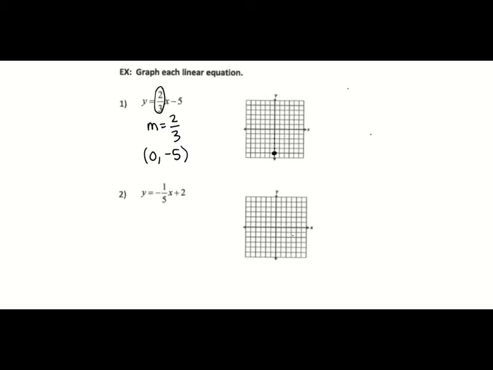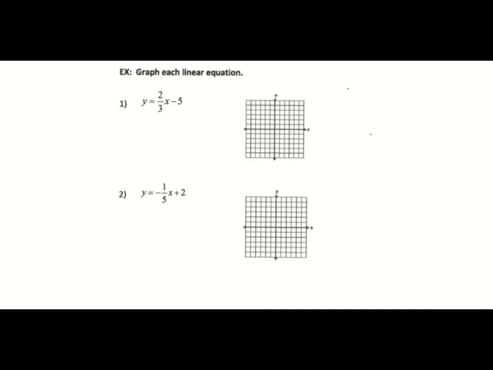So I'm going to go up 1, 2, over 3. 1, 2, 3. So now I have my 2 points on my graph. You need 2 points to create a line, so once we get those 2 points, we can connect them and put our arrows on either side. That is how we graph our linear equation.